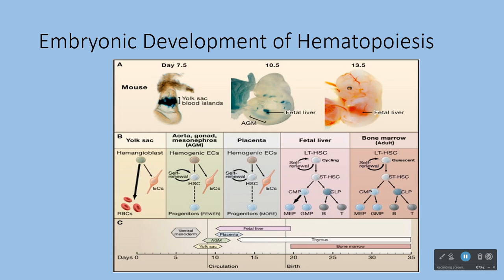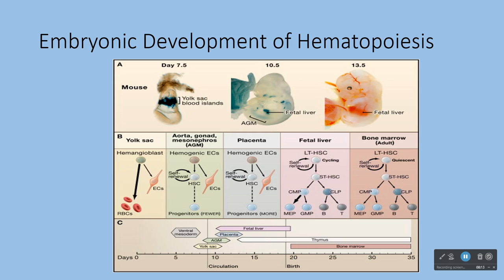Does that make sense? So when we start talking about stem cells, I don't want you to think there's only one type of stem cell in the body and it does everything. That's not true. There are different populations of stem cells. But what we're going to discuss the most is the ones about hematopoiesis, because that's what we're dealing with in hematology. Does that make sense, guys?